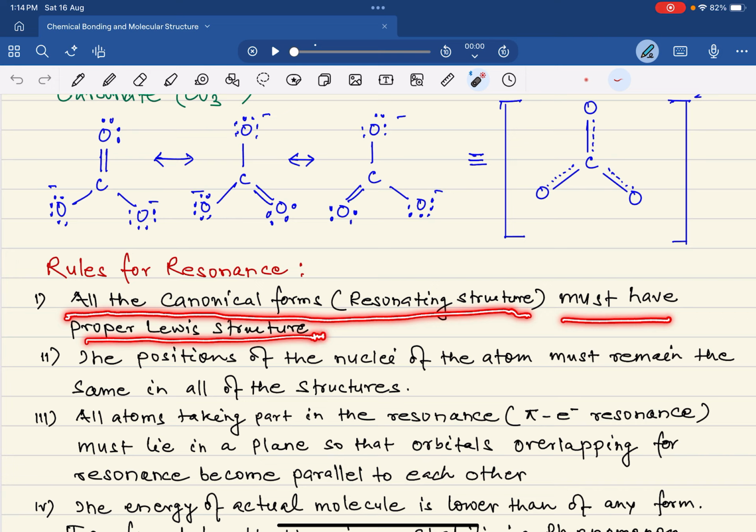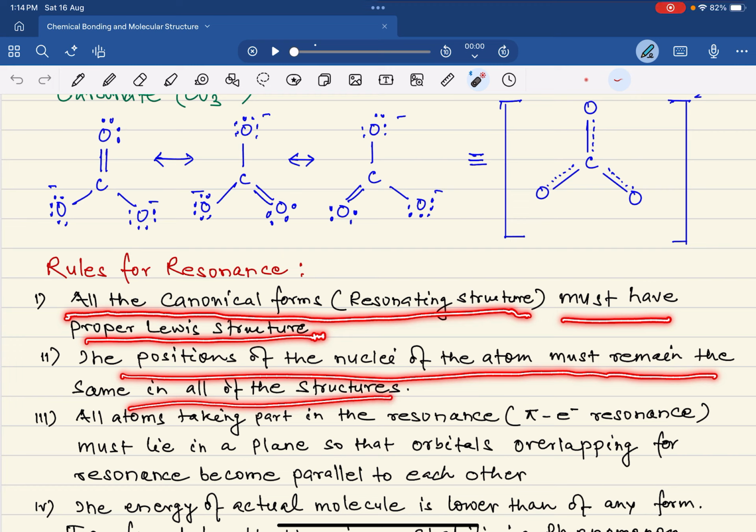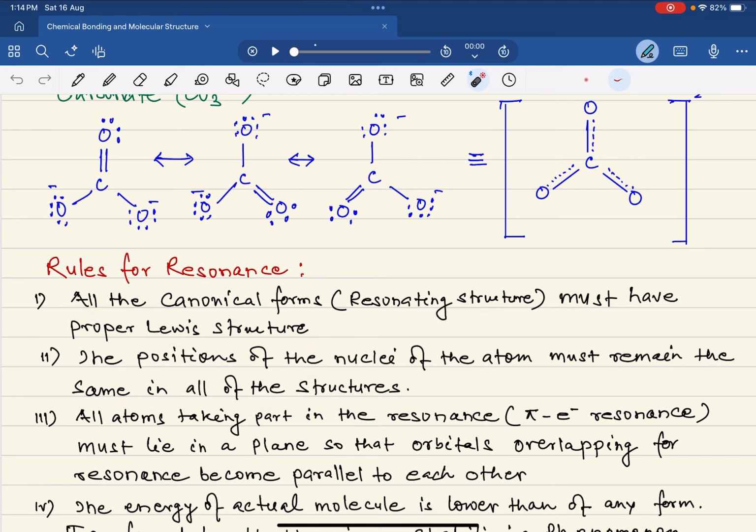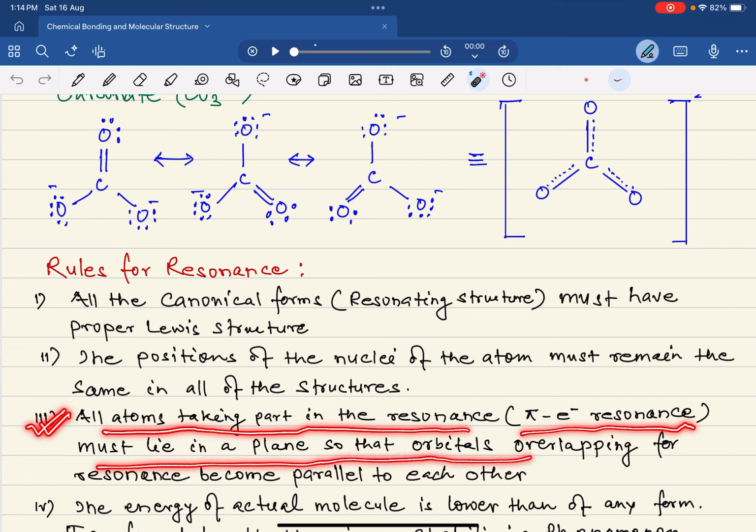The first point, the position of the nuclei of the atoms must remain the same in all the structures. And the third point is again very important, all atoms taking part in the resonance, especially pi electrons of resonance, must lie in a plane so that orbital overlapping for resonance becomes parallel to each other.